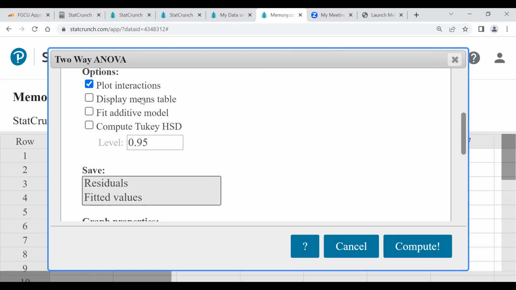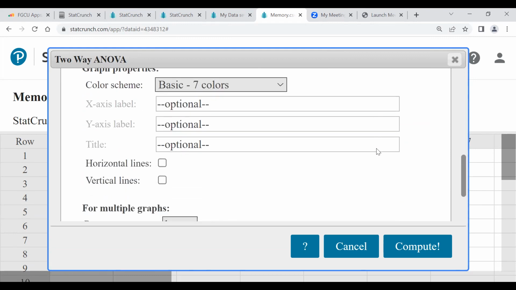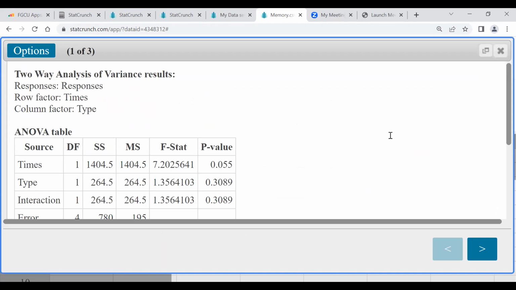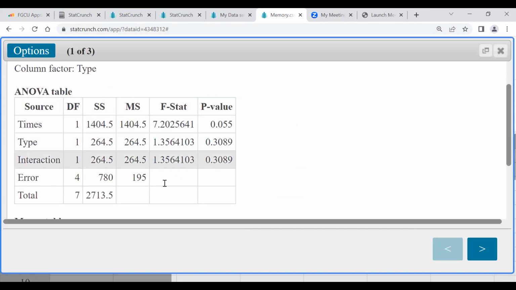I'm going to select interactions, means. We used ANOVA, and the row factor is times, column factor, type, interaction would be type and time combined.